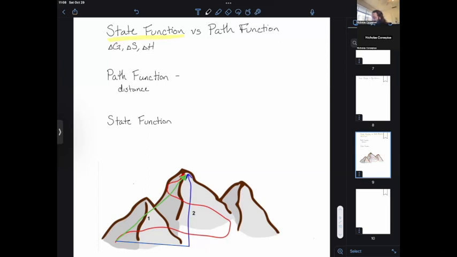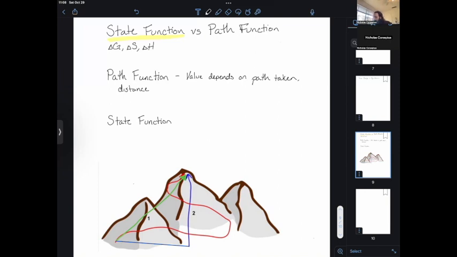So the path function here of distance, we could say the value depends on the path taken, right? Simply put, the green hiker traveled a shorter distance than the red hiker.